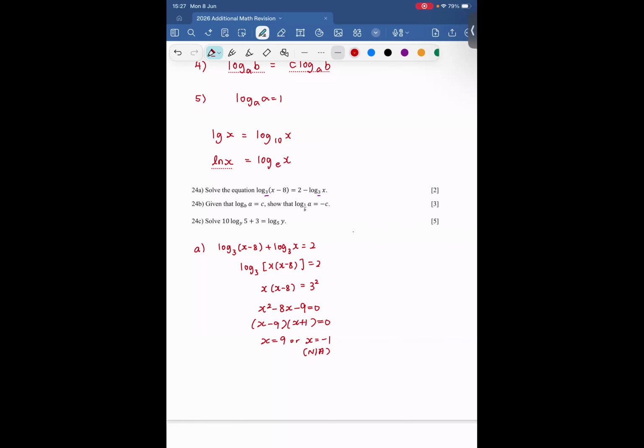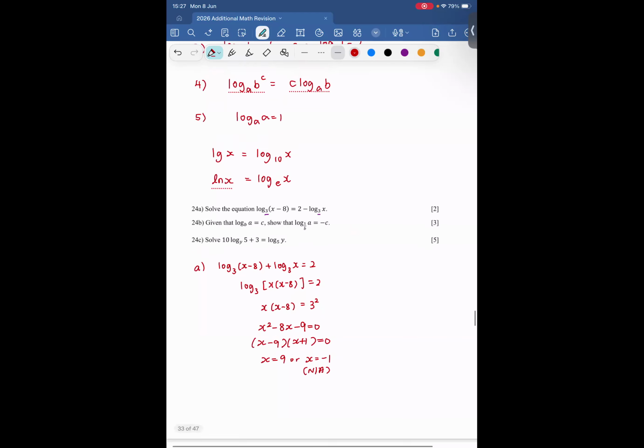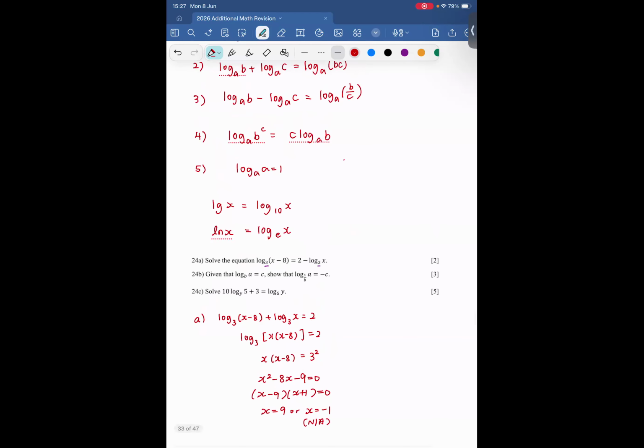Okay, 24b. Oh, still got one more law that I missed out. So sorry. Okay, number 6, the change of base. Okay, you can change to any new base. Okay, the C can be anything, but as far as possible, you have to choose to be relevant to the question.